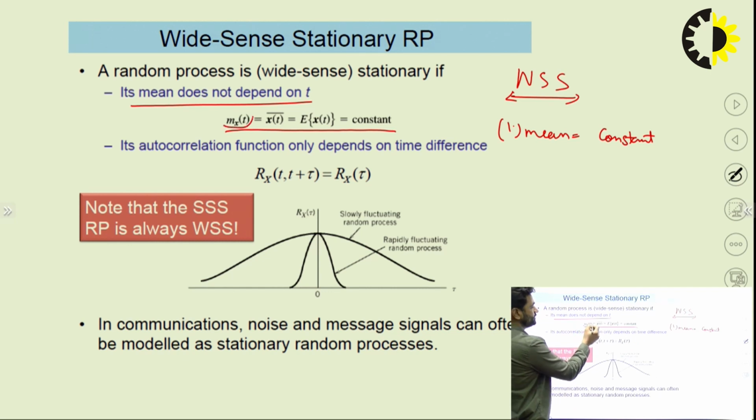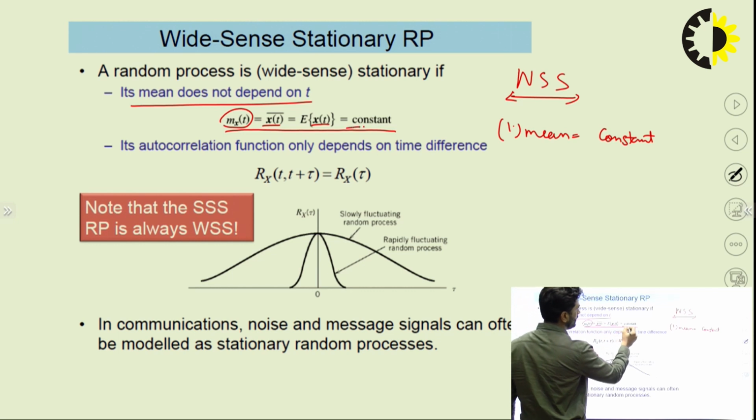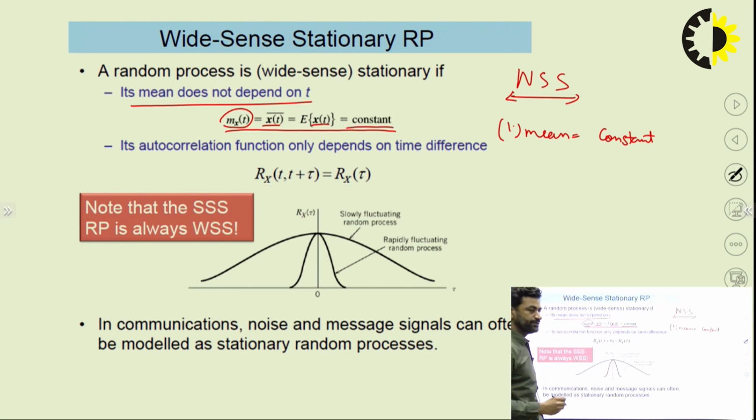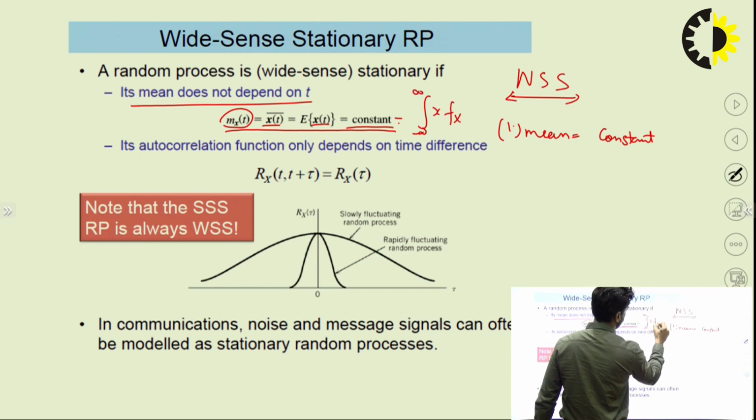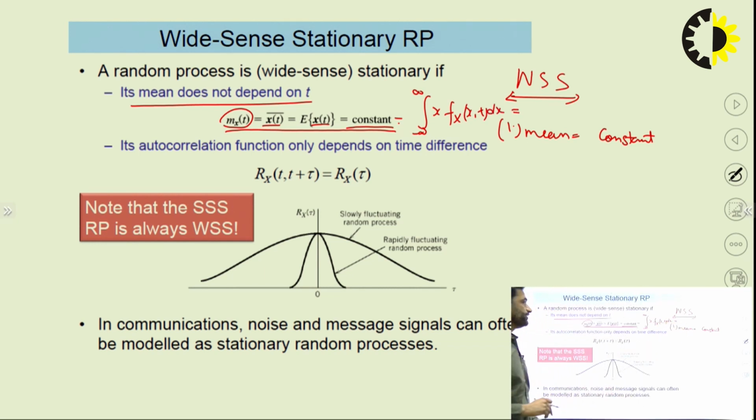Mx is the notation of the mean value; X(t) bar is also used for the mean. E[X(t)] represents our random process, and it will give you a constant quantity. As mentioned, the formula is the integral from minus infinity to infinity of x f_X(x, t) dx, which gives a constant quantity. This is one parameter to find out whether a process is WSS or not.